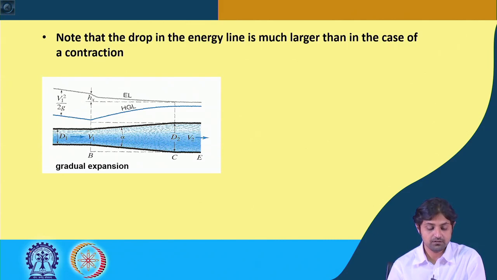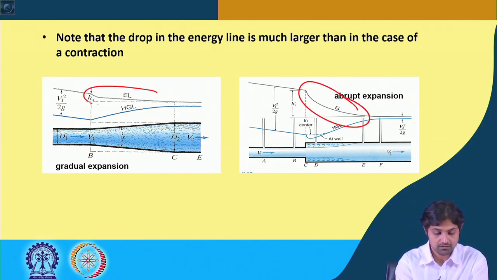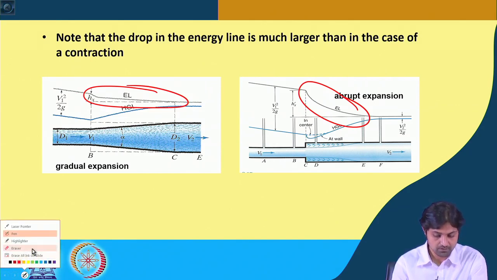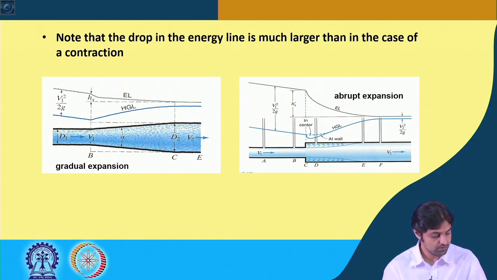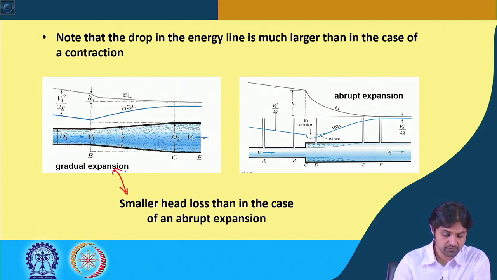This is abrupt expansion, this is gradual expansion, this is abrupt. See the sudden fall in the line; this is gradual, this is abrupt. So, the head loss is smaller for the gradual expansion than in the case of an abrupt expansion.